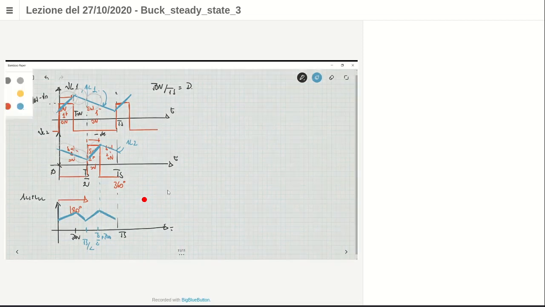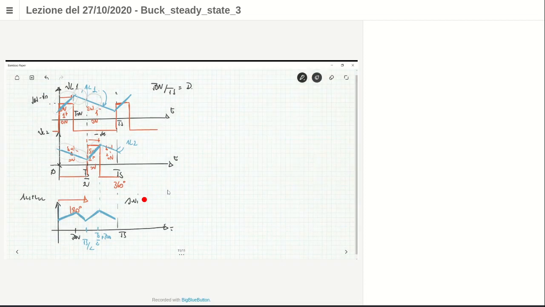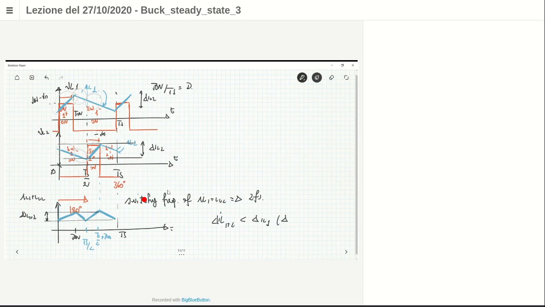So first of all, we can say that the output current, the summation of IL1 and IL2, has a switching frequency of 2 times Fs. So the switching frequency is increased. The output ripple, as a consequence, is reduced. Delta IL1 plus 2 now is less than delta IL1 or delta IL2.